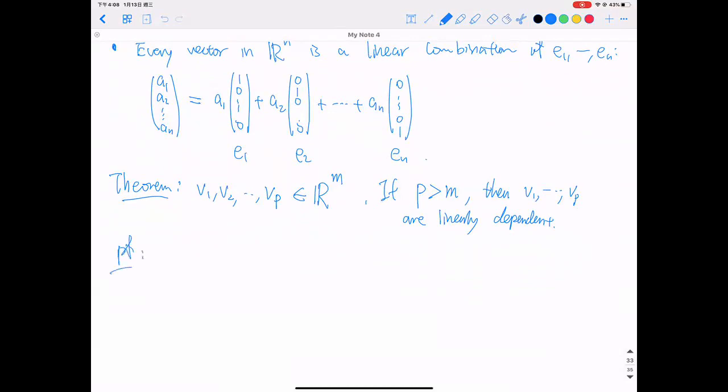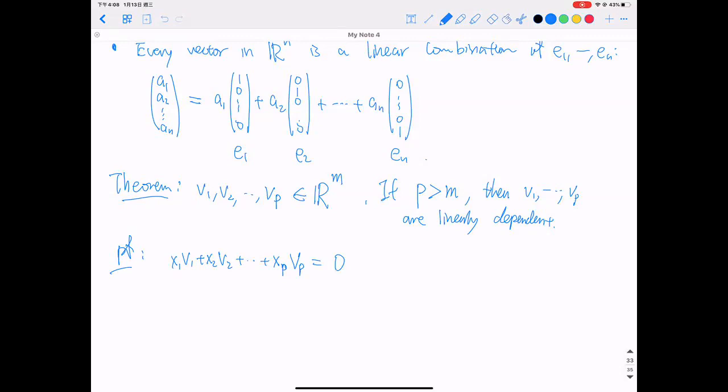The proof of this is rather easy. You consider x1 v1 plus up to xp vp, the linear combination of the v's equaling 0.